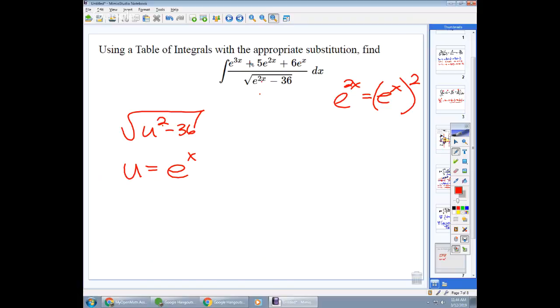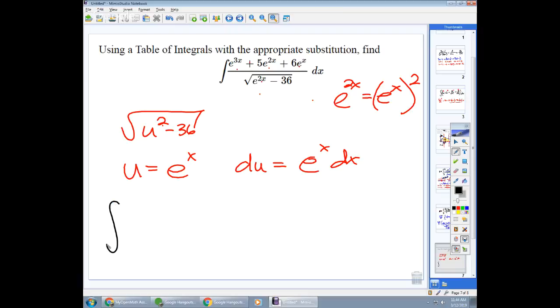All right, so then du would be what? e to the x dx. And hey, I can factor an e to the x out of the numerator to make that happen. All right, so I'm going to rewrite that numerator before I do my substitution.